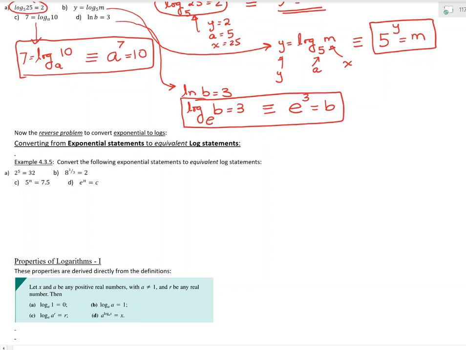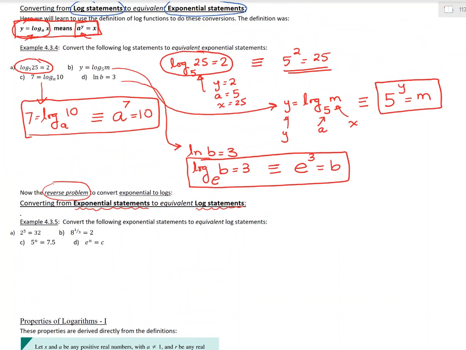Now we are going to practice a reverse problem. That means we're going to be given the exponential statement and we have to write the log statement. Let me write the definition again. So the definition was y equals log of x to base a, which was equivalent to a raised to the power y equals x.